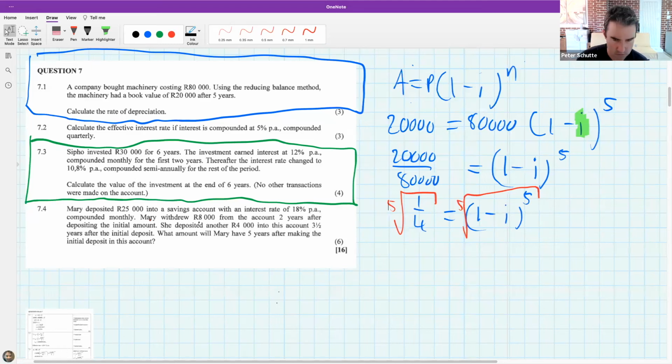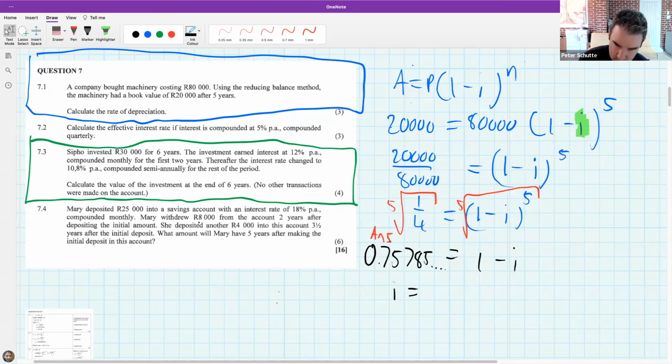And then we should have, so this is going to be 0.75785. And then I'm going to save this, just put this in the answer button.